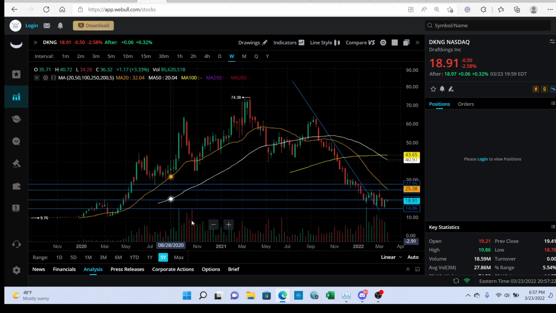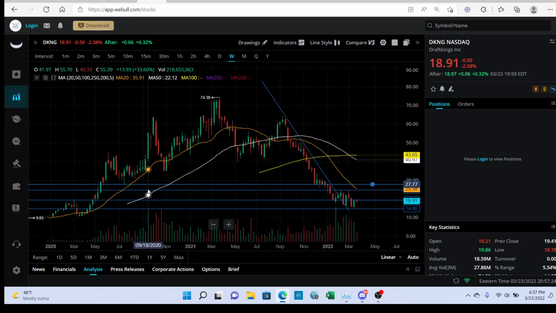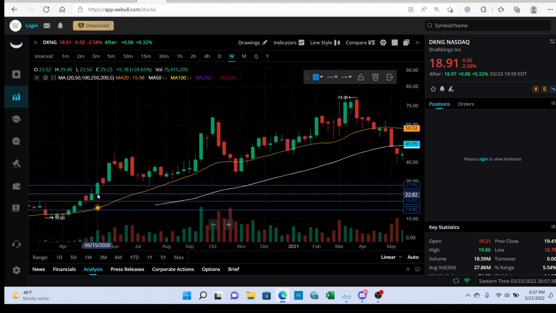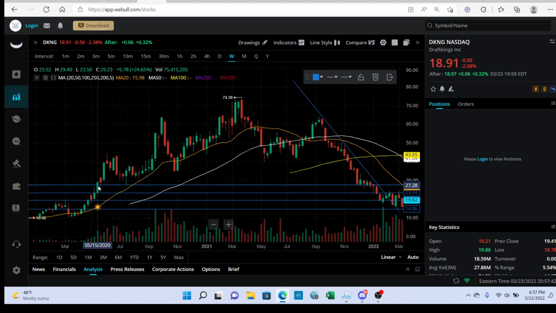So let's just zoom out. We could even go a little bit lower. Like maybe 23.49 would also be a good resistance. Because you can see right here, it's this move from this bar to that bar.